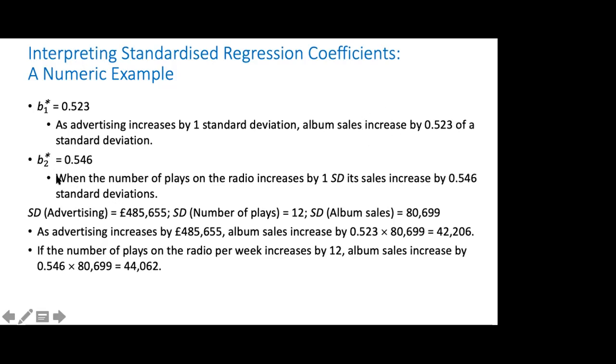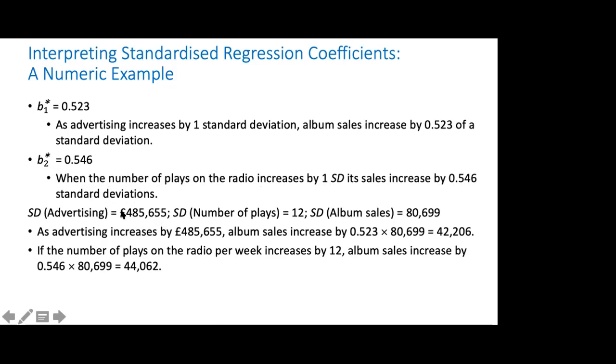And correspondingly, when the number of times the song is played on the radio increases by 1 standard deviation, its sales increase by 0.546 standard deviations. And then you can transform that into real numbers, like we did before, right?